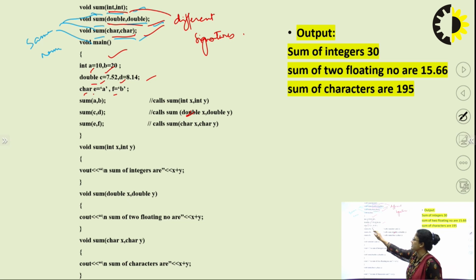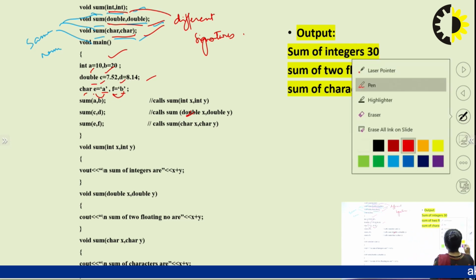By the way, when you assign a to e, the ASCII equivalent of a gets assigned. Similarly for f, the ASCII equivalent of b, which is a numeric number, will be assigned. So basically e and f will have numeric values equivalent to the ASCII values of character a and character b.